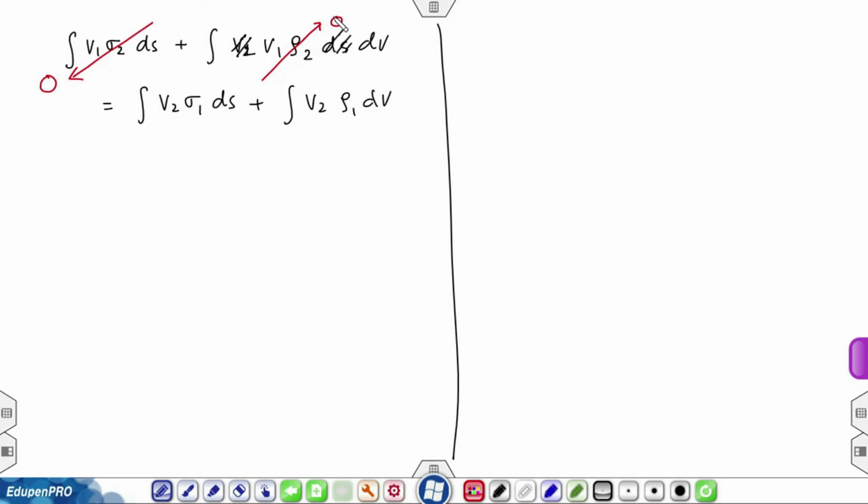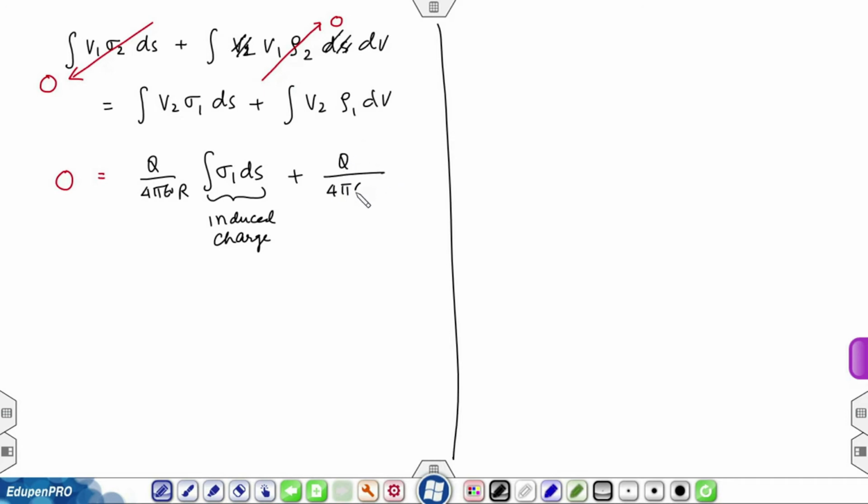What this leads to then is that 0 equals V2 on the surface is q over 4 pi epsilon 0 r. I want to find sigma1 ds, that is the induced charge, plus rho1 has a delta function. So, this will give me the value of V2 at that distance. So, I get q over 4 pi epsilon 0 d.